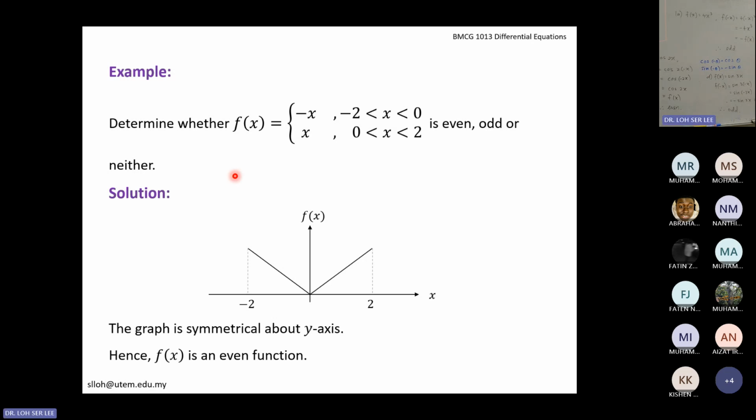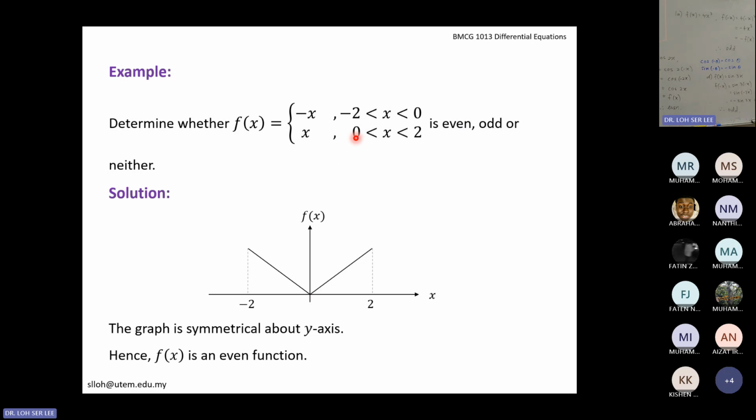Okay, next we look at the one with the graphical method. Now determine whether this function is even, odd, or neither. So for this one, we sketch the graph. From -2 up to 0, in the interval of -2 up to 0, you have negative x.